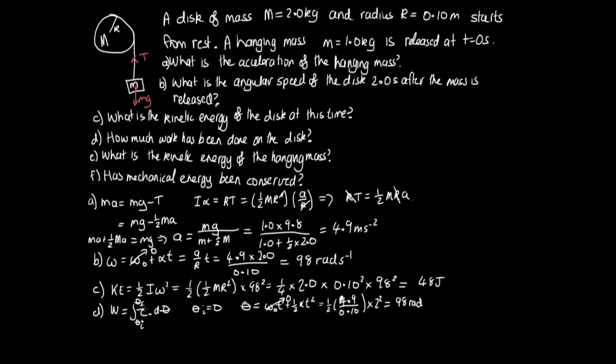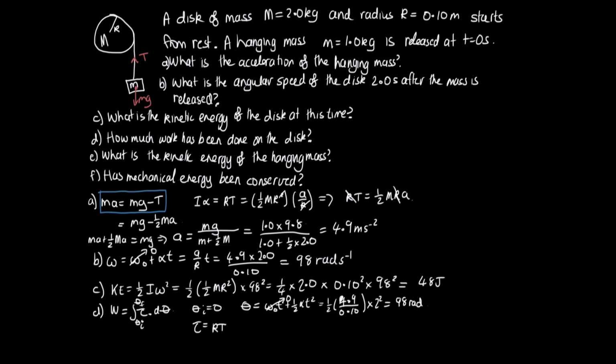We also need to calculate the torque. The torque is equal to the radius times the tension force. We don't have a value for our tension force at present, so we're going to have to get one. We can get one by looking at this equation here.